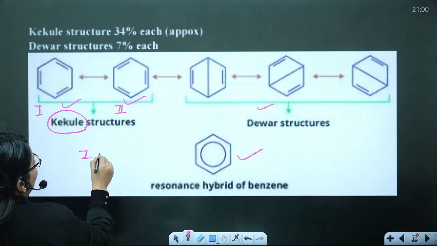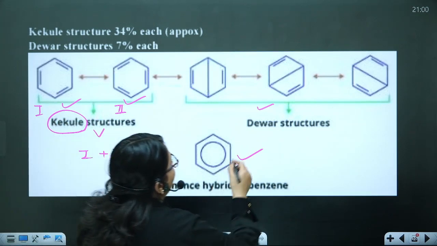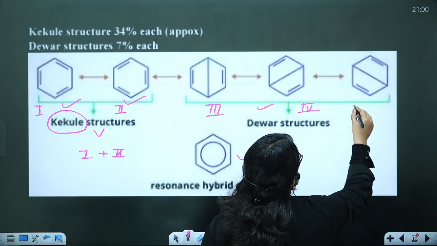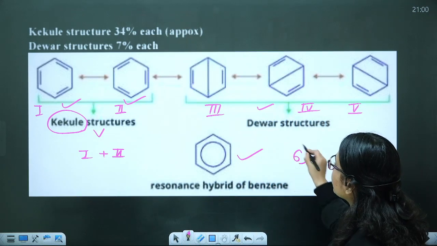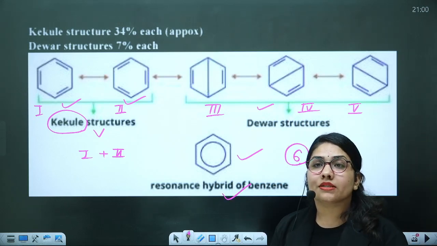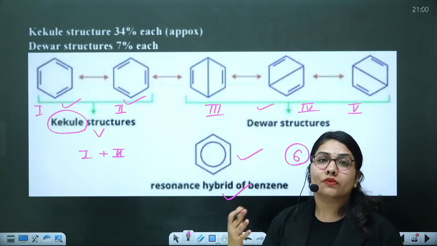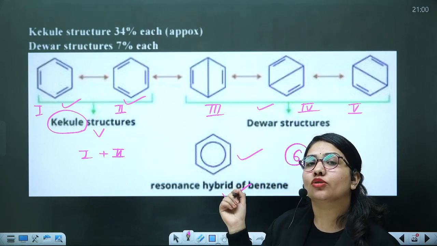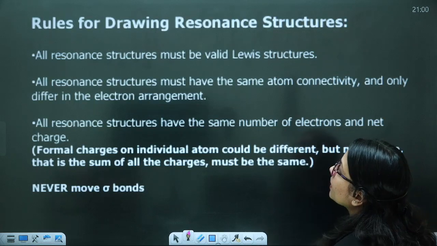Structure 1 and structure 2 are Kekulé structures, structures 3, 4 and 5 are Dewar structures, and structure 6 is the hybrid structure, the resonance hybrid of benzene. These structures are not studied in detail, because they contribute very little to the hybrid structure of benzene.